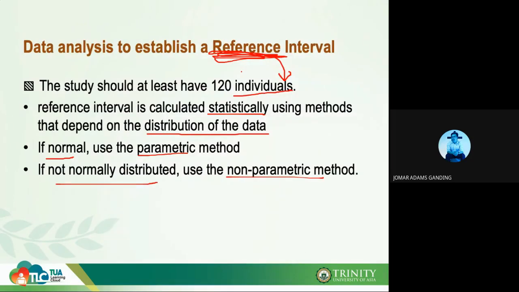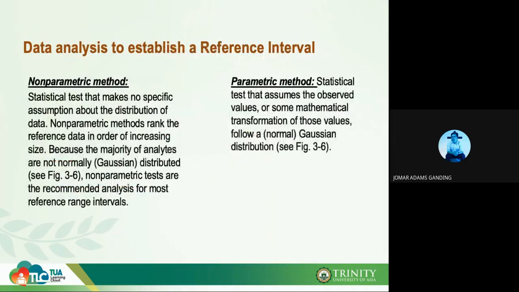The non-parametric method is a statistical test that makes no specific assumption about the distribution of data. It uses ranks: it ranks the reference data in order of increasing size. Because the majority of analytes are not in a Gaussian distribution, non-parametric tests are recommended.